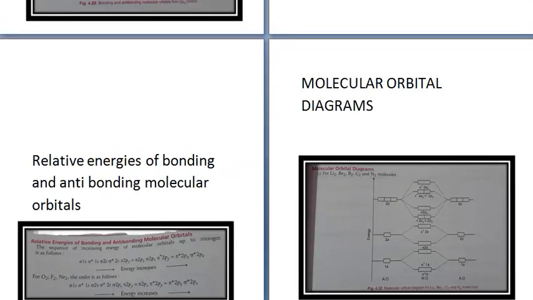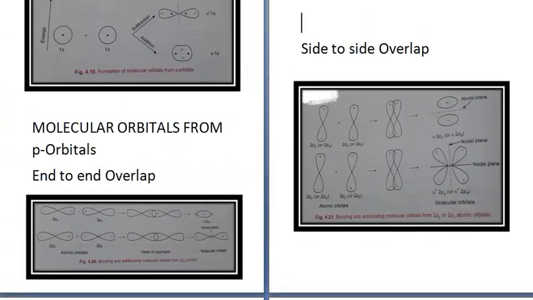This is the figure. See here, the two ends overlap over here. This corner and this corner are overlapping. So you are getting sigma 2px, and here again a head-on approach, end-to-end overlap.